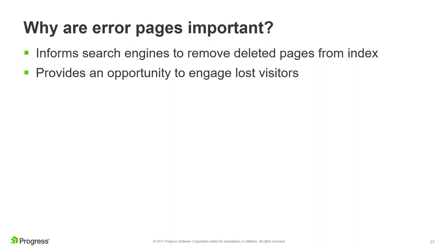They'll come across an error page, and if it's like the one we just had as a sample, they've got nowhere to go. Oftentimes, they're not going to browse your site to look for the content. They're going to straight away click the back button and go back to where they came from, and perhaps look for the content elsewhere. So it's really important to use error pages to engage people, to ensure you don't lose that particular visitor.